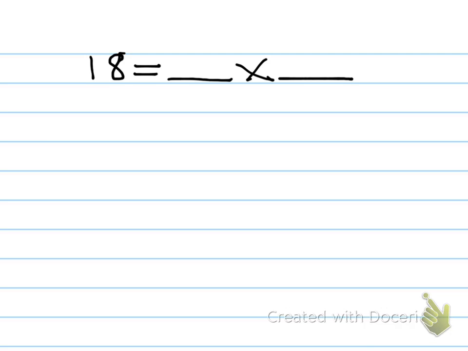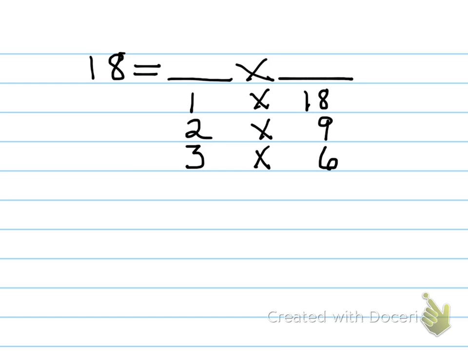Okay, first things first. 1 times 18 equals 18. Can I multiply 2 times any number? Oh, sure. 2 times 9 equals 18. Good job. All right, how about 3? 3 times 6 equals 18. Can I multiply 4 times any number to get 18? No. I think we found all of our factors.